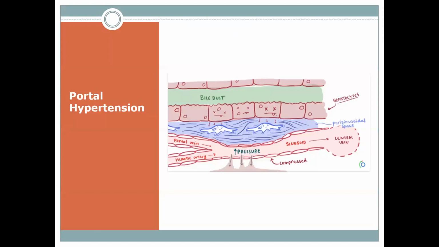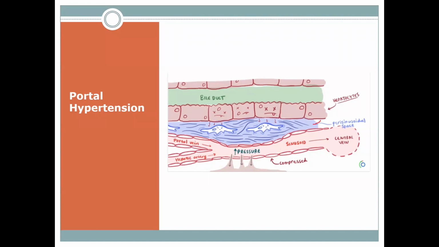To discuss how portal hypertension is caused by cirrhosis, I would like to show you this diagram, which comes to you courtesy of Osmosis. What you have here is the perisinusoidal space.